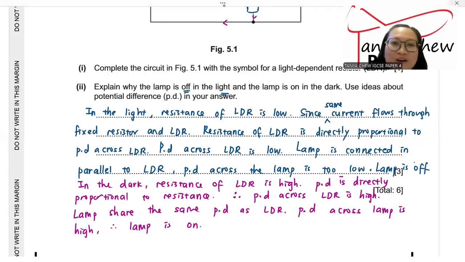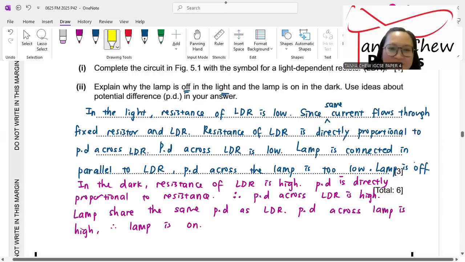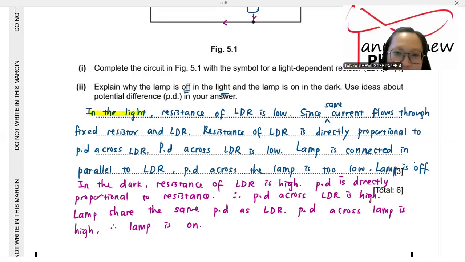Now, let me highlight what you are supposed to write down. In the light, resistance of the LDR is low, so the PD across the LDR is low. That is why it is too low to switch on the lamp.